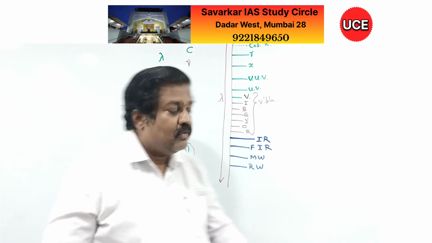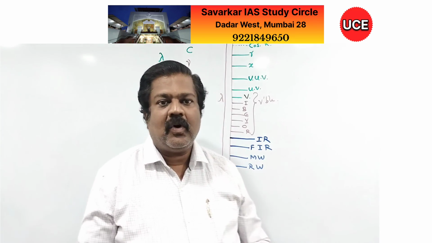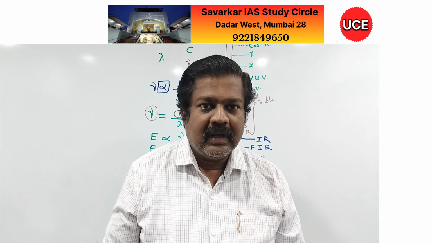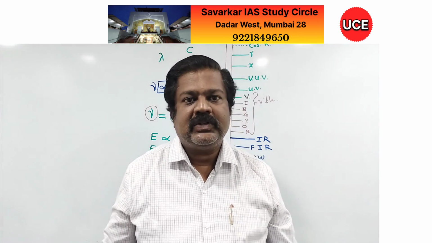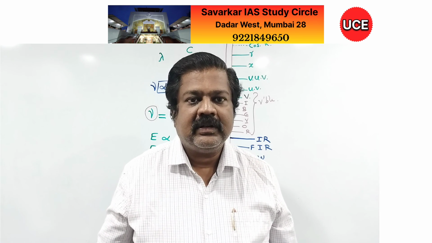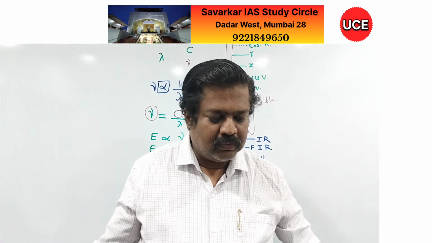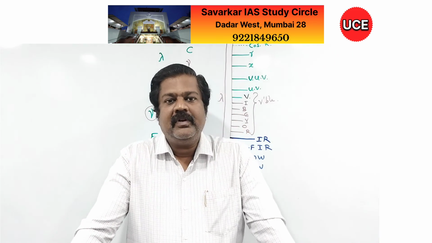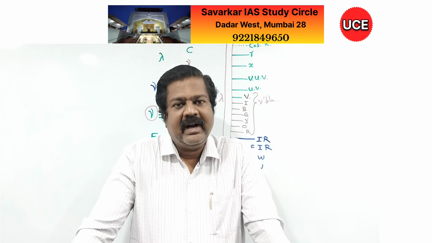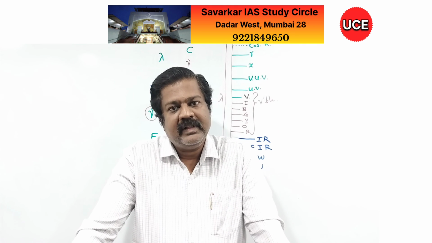So we have to consider that spectra are not explained on the basis of these models. To overcome all this, a new model was put forward, called Bohr's atomic model. Henceforth our study will go into much more detail. So let us consider Bohr's model in the next lecture.